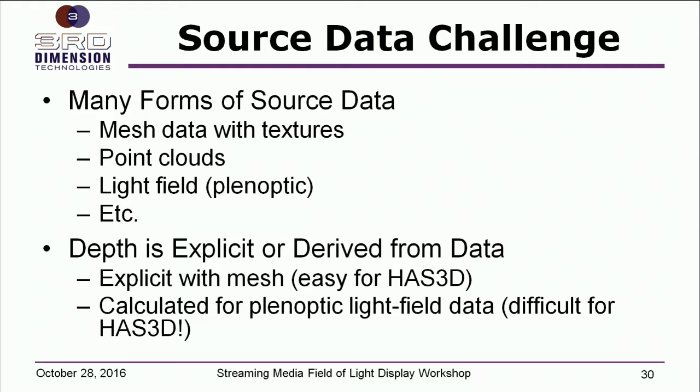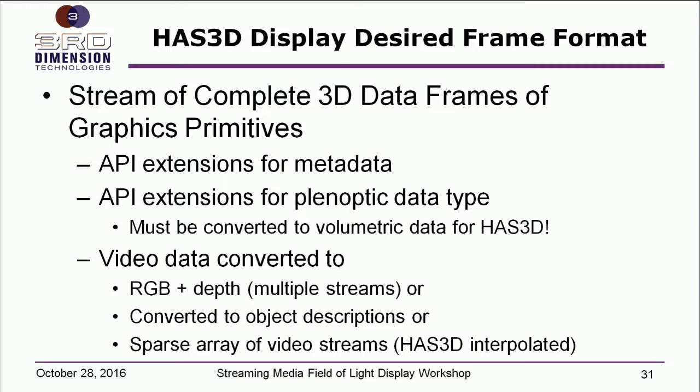And of course, there's really not enough parallax in a single camera, although an array of cameras would do it. Our personal desired frame format, we'd like a stream of complete 3D data frames of graphics primitives. So everything you need to calculate a 3D view.